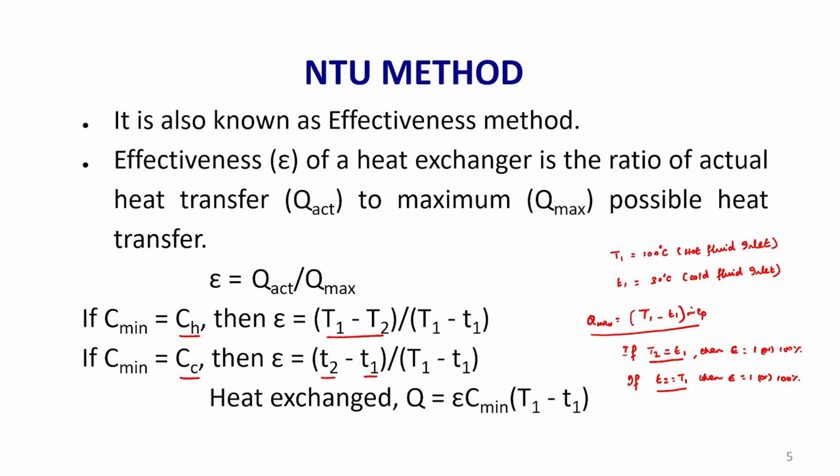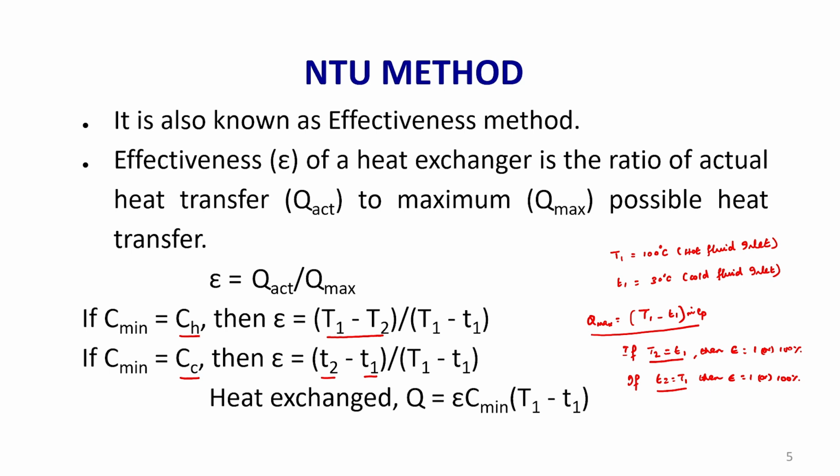In the LMTD method we use Q equal to U into A into LMTD. Here, Q equals effectiveness of the heat exchanger into C minimum. If C minimum is the hot fluid, I will write the mass flow of the hot fluid into its specific heat. If C minimum is the cold fluid, then instead of C minimum you have to write the mass flow of the cold fluid multiplied by its specific heat.